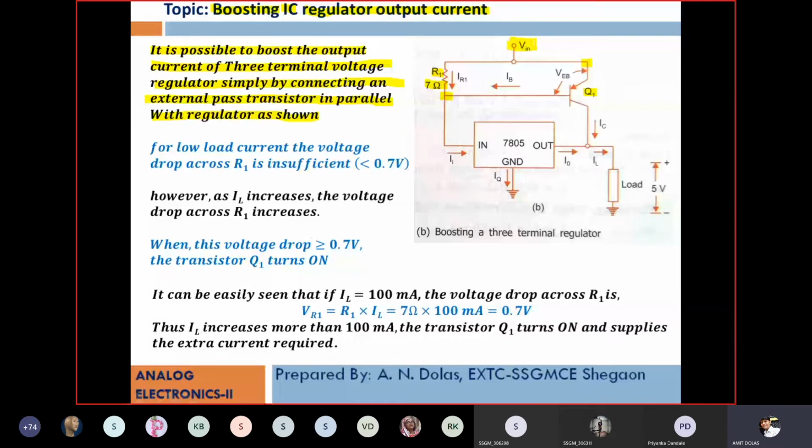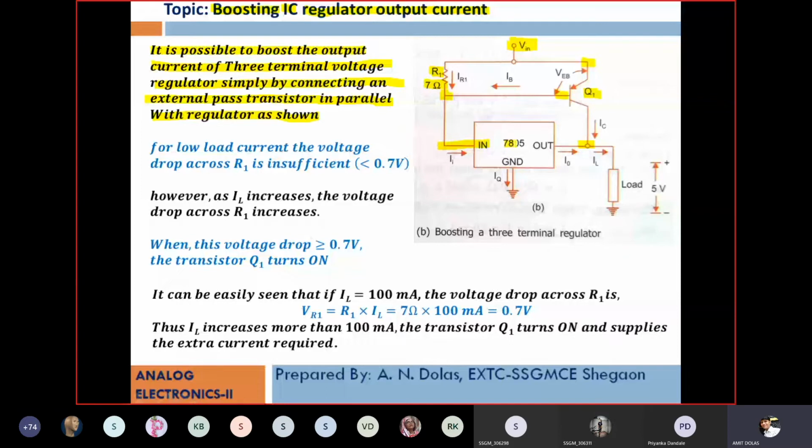So the unregulated power supply is connected to the emitter of the transistor Q1, and it is connected to the input of the IC through resistance R1, which is 7 ohm, and this input end of the IC is connected to the base of the transistor Q1, and the collector of the transistor Q1 is connected at the output. So it is a kind of parallel connection with the IC 7805.